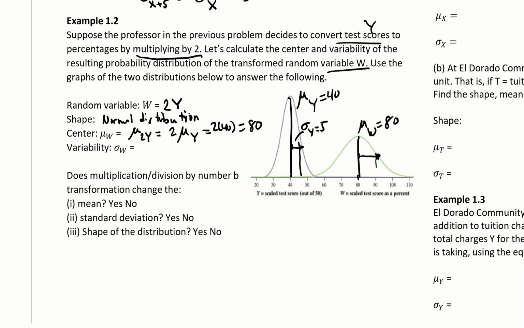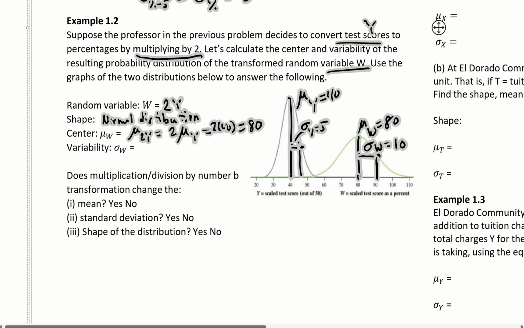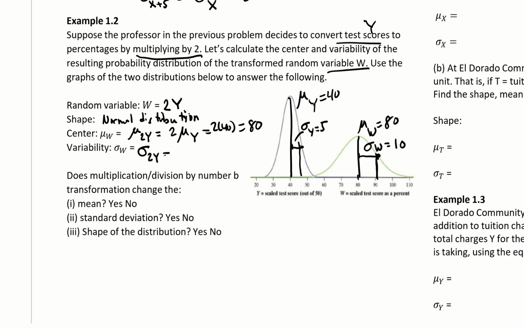It's changed by about 10. You see that? Sigma W is about 10 here. So it looks like the spread doubled, because you doubled the variable. Okay, so sigma W equals sigma 2Y, which is equal to 2 sigma Y, or 2 times 5, or 10. All right, so now you've got sort of the rule here.